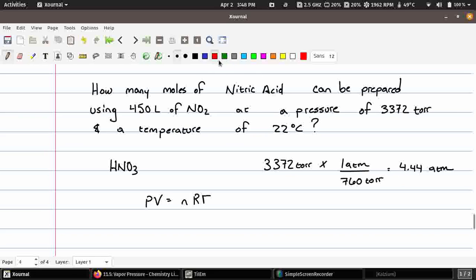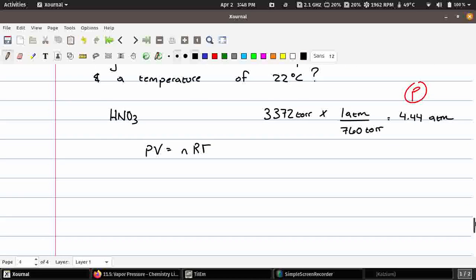So we have our pressure. Let's label that P. Now we need our temperature. We have 22 degrees Celsius, we'll just add 273 to it. That's going to be 295 kelvins.